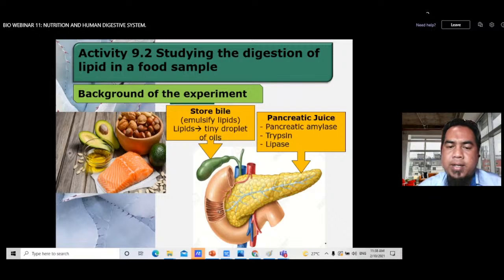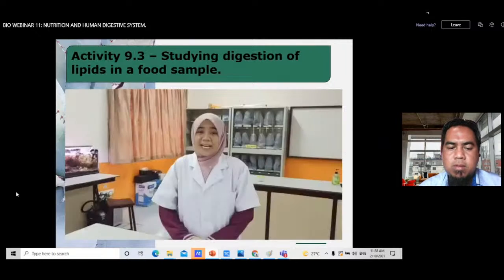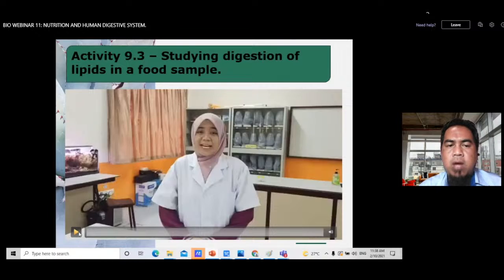Cikgu Mio has explained earlier the function of bile in the duodenum. So I only focus on the reaction between lipid and the enzyme lipase to produce fatty acid and glycerol. So let's watch this video to see how to conduct this experiment.